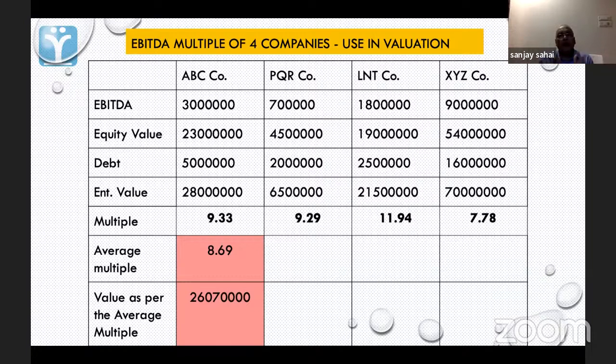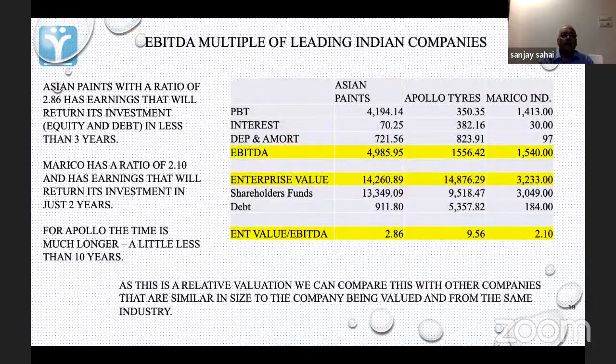So probably a better way of looking at this is to use the average, multiply it by the EBITDA, and get a comparable average multiple. See, the idea behind all this is to ultimately get more data for yourself when you sit down and negotiate at the table with the seller of the company. So this is also one way of valuing it.